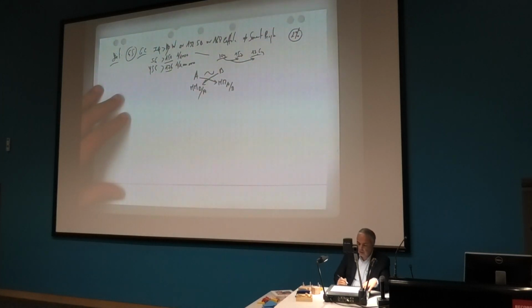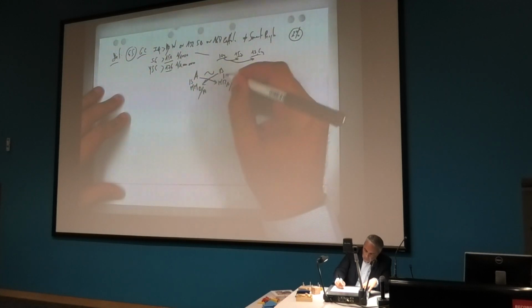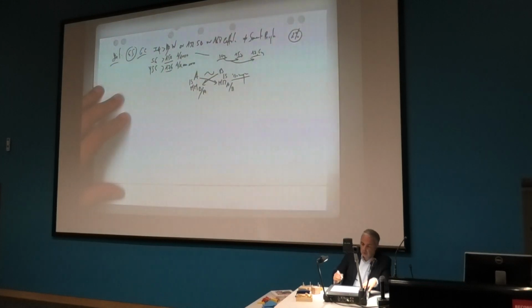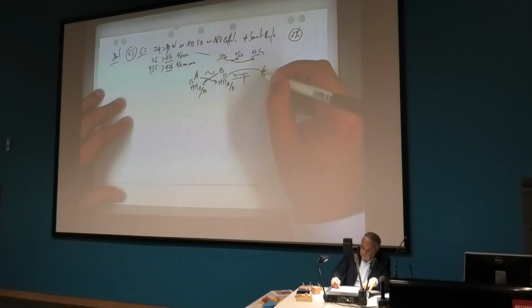So everything is okay when the models are isomorphic. The problem is when they are not. So the problem is in this case.